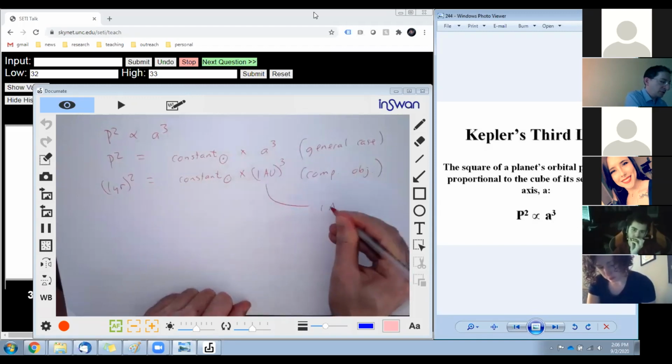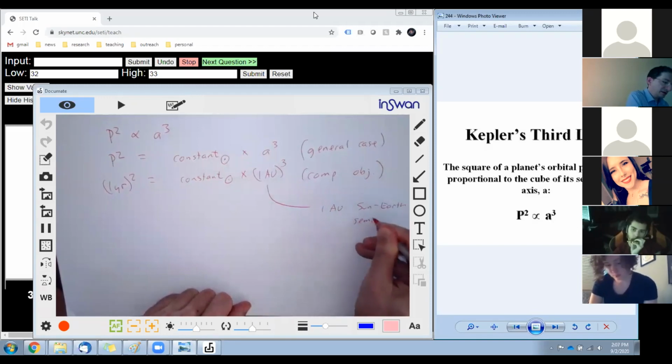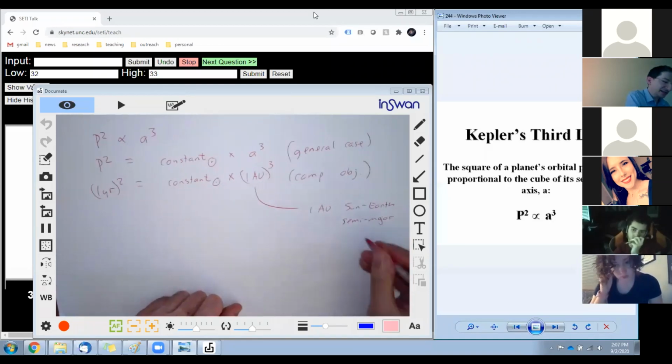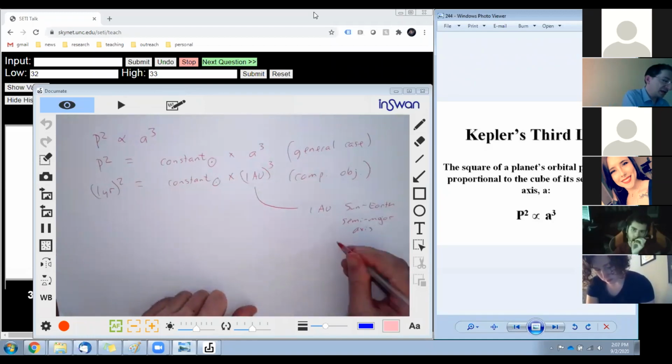So 1 AU is the sun-Earth semi-major axis. But since our orbit's almost perfectly circular, you can think of it as the sun-Earth distance.